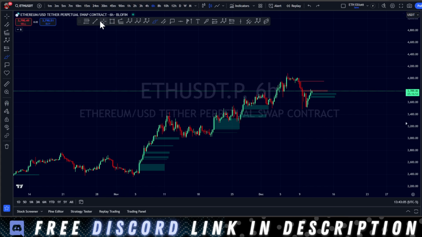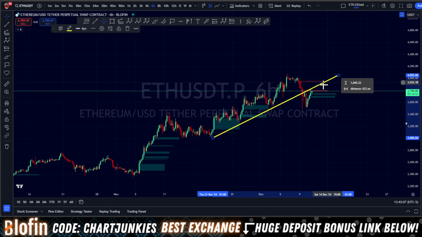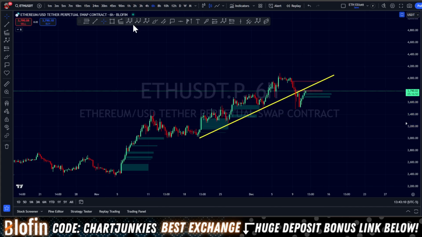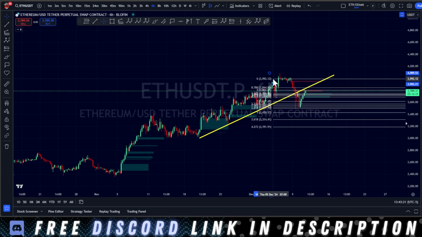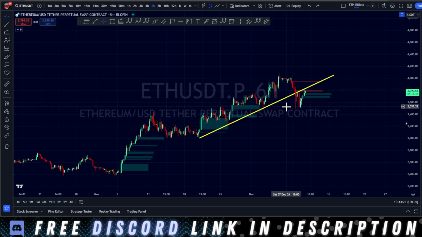Guys, what I'm trying to get at here is, obviously we broke this trend line, great, but this has, there's no doubt about it, a corrective shape to it. But pulling fibs on this corrective shape, it's just extremely extended, guys, extremely extended.